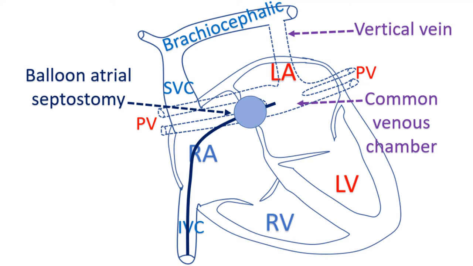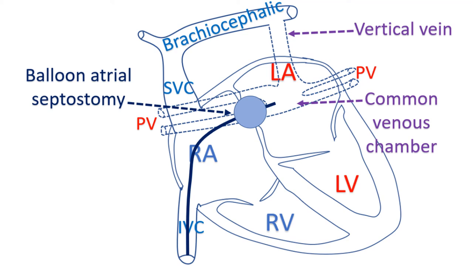TAPVC with large ASD can survive long without much symptoms, but those with small ASD need emergency surgery. Initial procedure can be enlargement of ASD by a procedure known as balloon atrial septostomy.